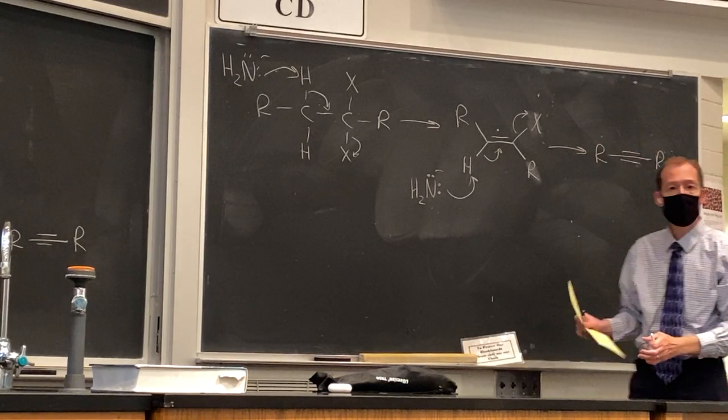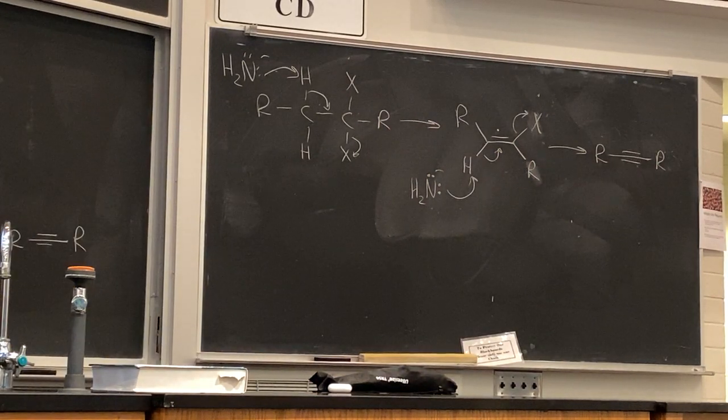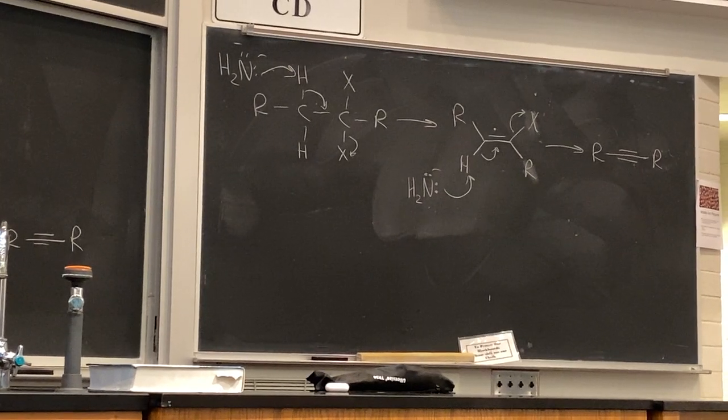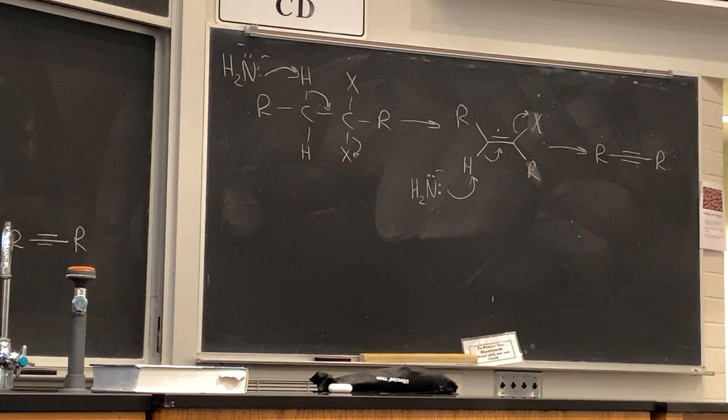So geminal dihalides, vicinal dihalides, either will allow you to form an alkyne via a double dehydrohalogenation as long as you are using a strong enough base.